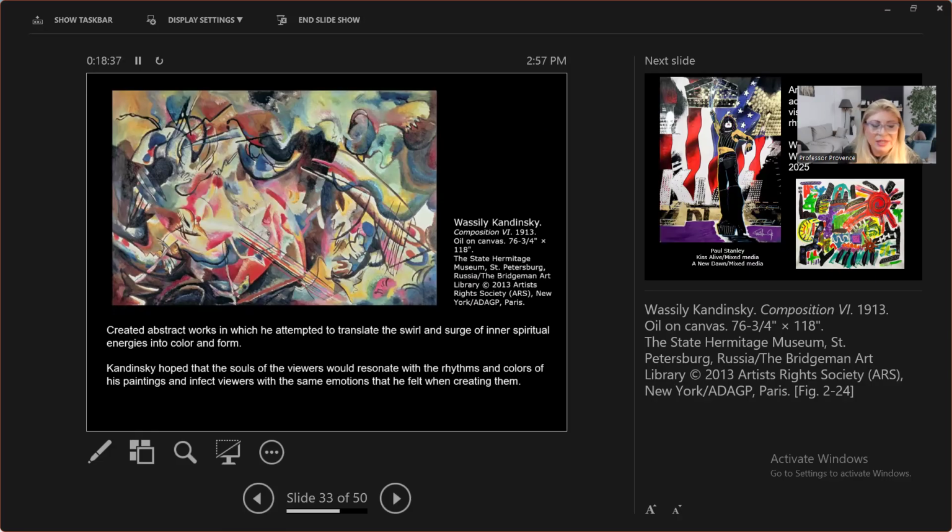Kandinsky in this work hoped that the souls of the viewers would resonate with the rhythms and colors of his paintings and infect viewers with the same emotions that he felt when creating them. Again, this is an abstract. He was thought to be an abstract expressionist, but sometimes people say, oh no, that's non-objective. No, this one is not non-objective, because he's telling us these are stringed instruments, and you can hear the rhythm. He's telling us.